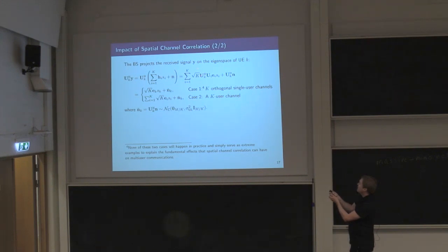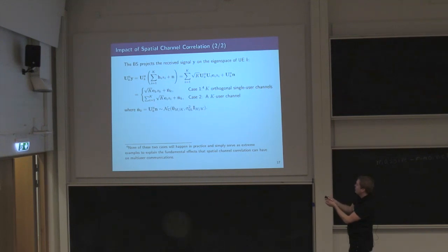And in the first case, where these were either an identity matrix when it was the same user, or 0 when they're different users, all the terms in this sum go away except the one that comes from the user of interest. So the received signal here only contains the signal of the user of interest plus some noise.